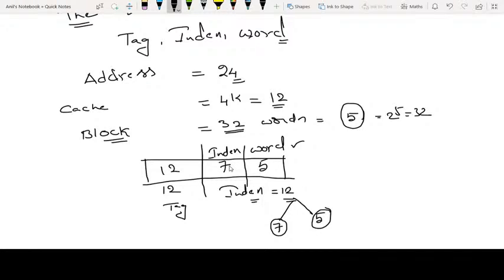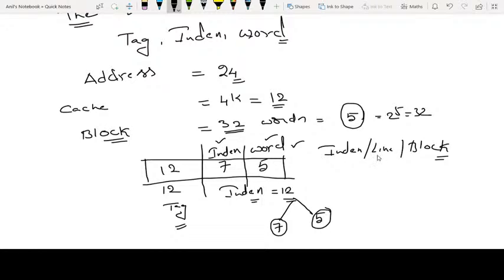This is how you make a division whenever you are asked to find out the number of digits for the tag, index and the word. One more thing: this index can be called an index, or line, or block field.